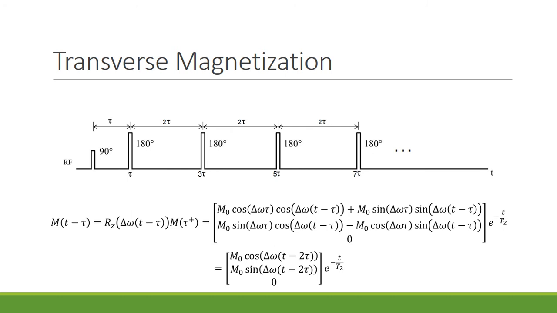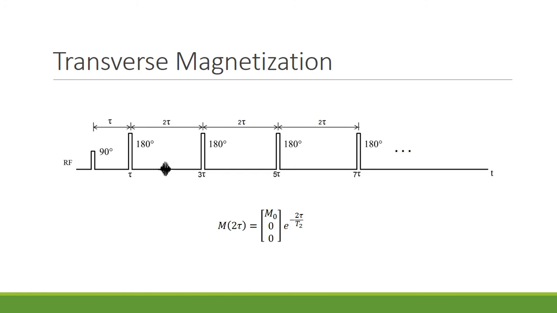And if we put time t equal to 2 tau, we can get an echo between the two refocusing pulses. As you see here, we get an echo at time equal to 2 tau, with the magnetization of M0 multiplied by e to the minus 2 tau over T2.